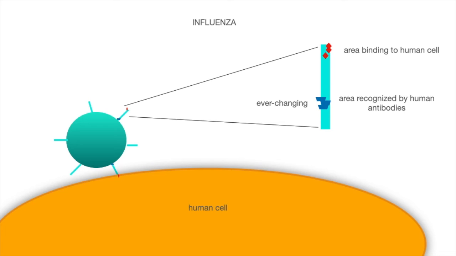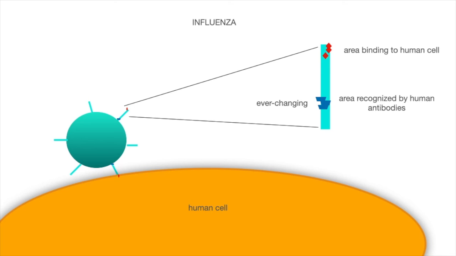And it has been shown that with influenza virus, the amino acids that bind to the human cell, the red diamonds, they're not really mutating at a very high rate at all. So the influenza virus can continue to bind to human cells the way it always has, which you can see is advantageous to the virus.